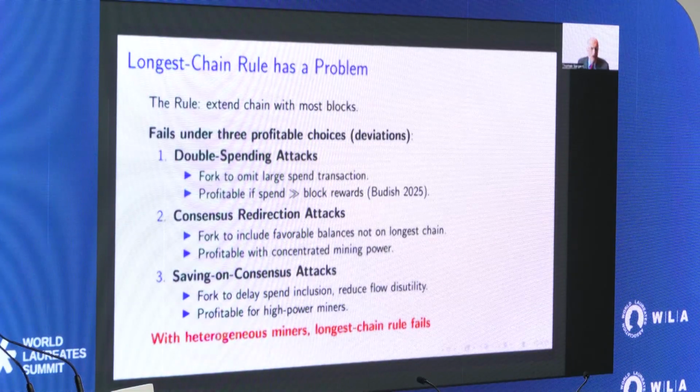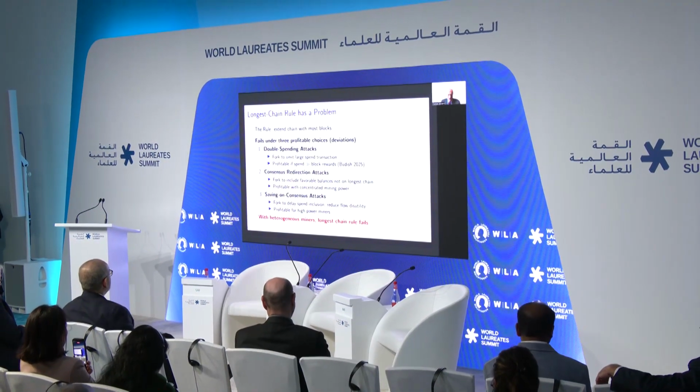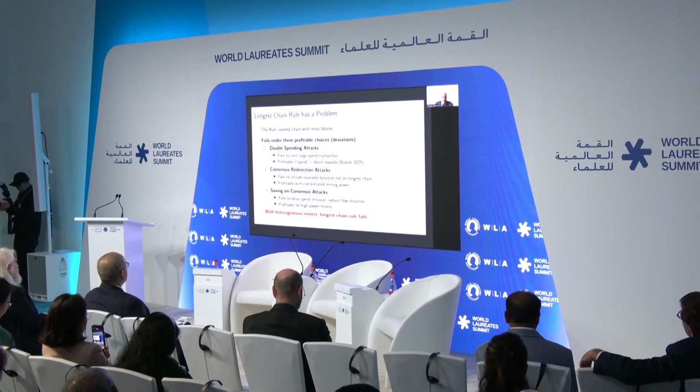There's something called a double spending attack. These are famous. There's a way to do it, and this slide tells you how. It's close to pseudocode. You fork to omit the large spend transaction, and it's profitable under certain conditions that you can just check.